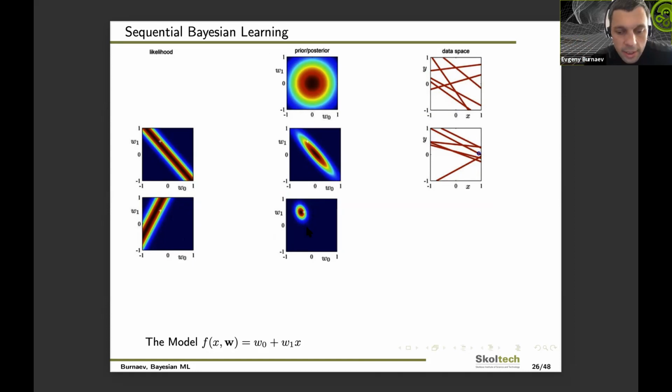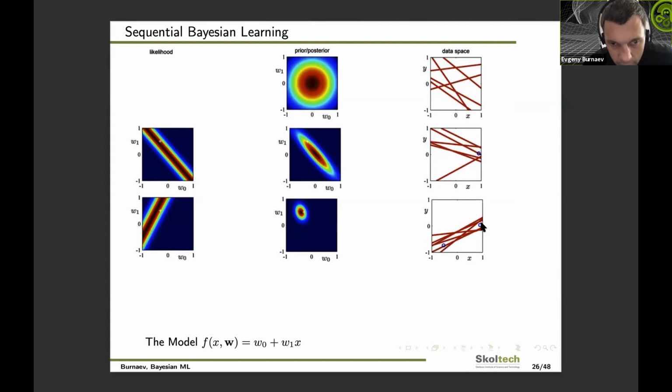And now, if I generate values of parameters W1 and W0 from this posterior and draw the corresponding linear models, my linear models will behave like this.